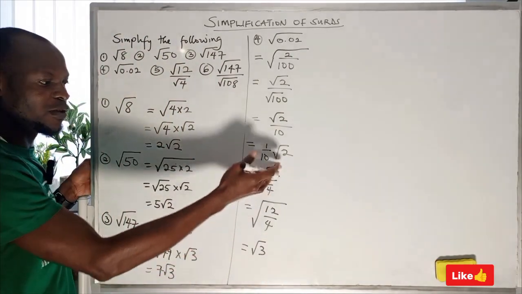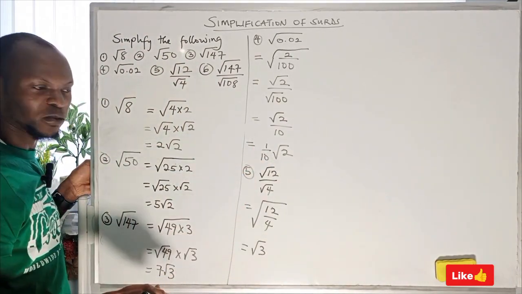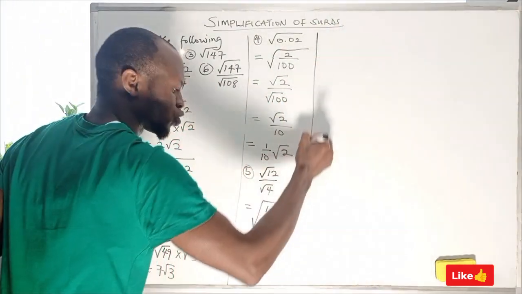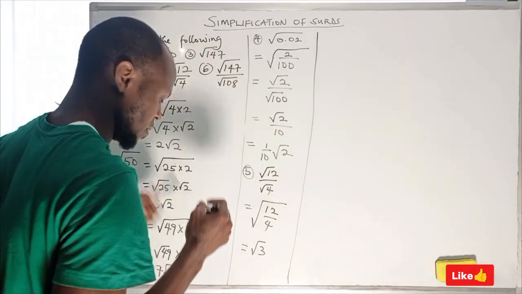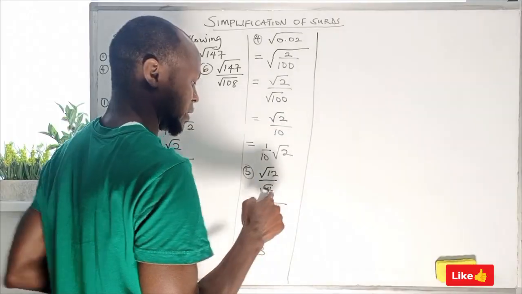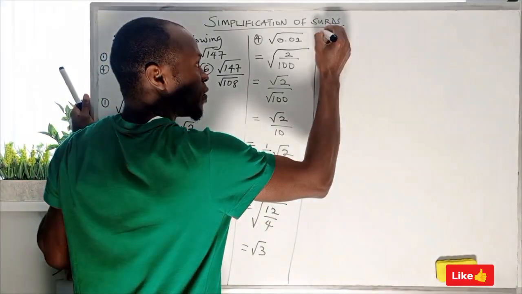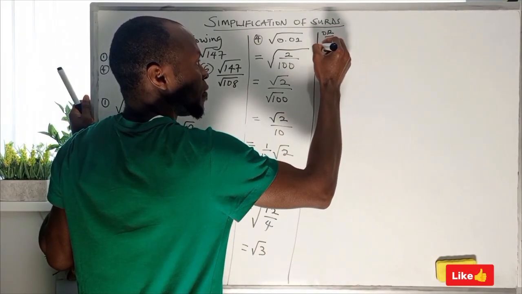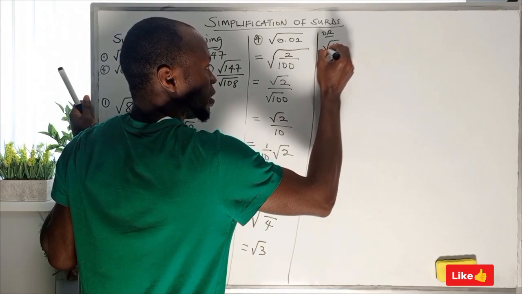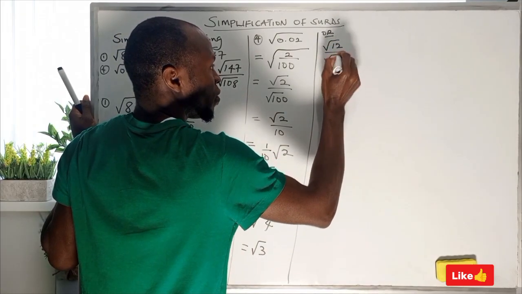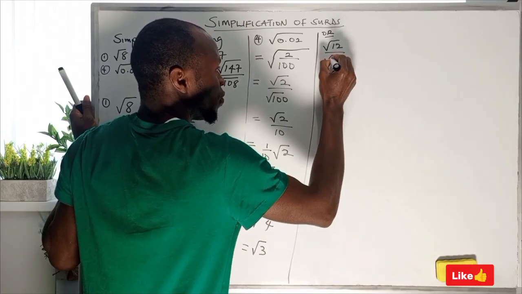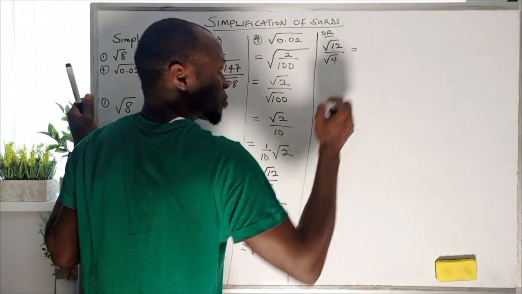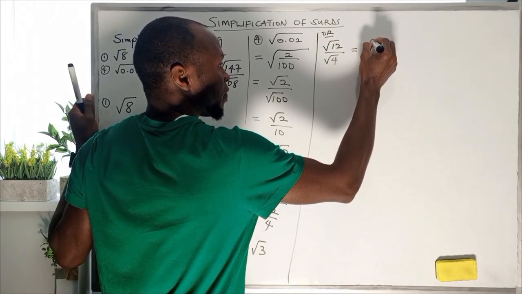Someone says, what if they don't have a common factor? Yes, if they don't have a common factor, what we should have done is that we should have said that since we have surd 12 divided by surd 4, this is the same thing as surd 12.